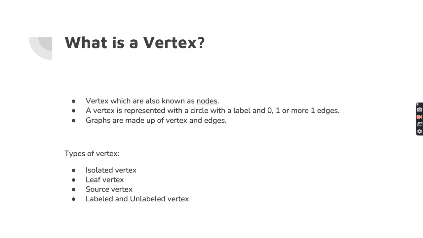So what is a vertex? Vertex, which is also known as nodes, is basically represented with a circle or an O shape, with a label or without a label as well, and there would be 0, 1 or more than one edges.